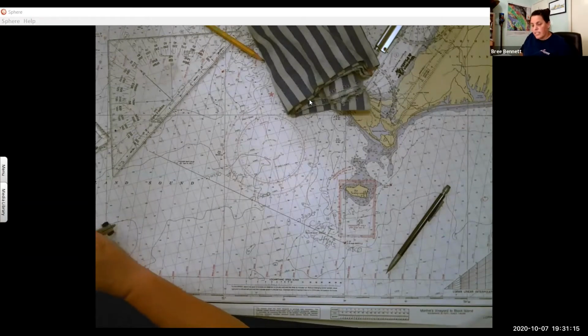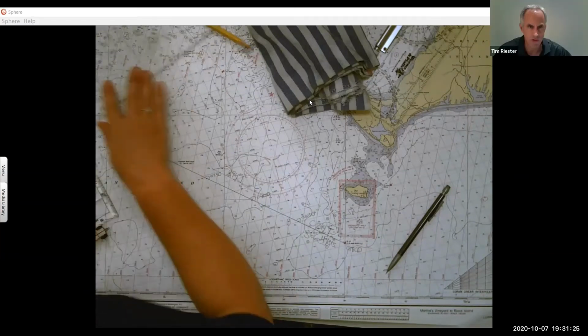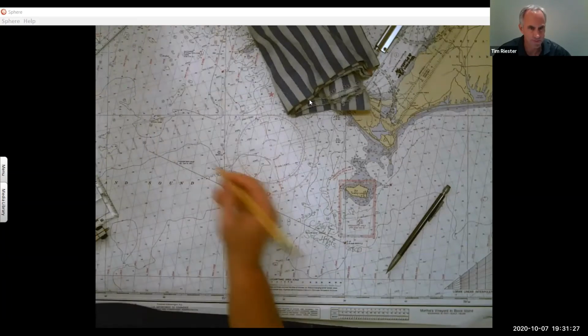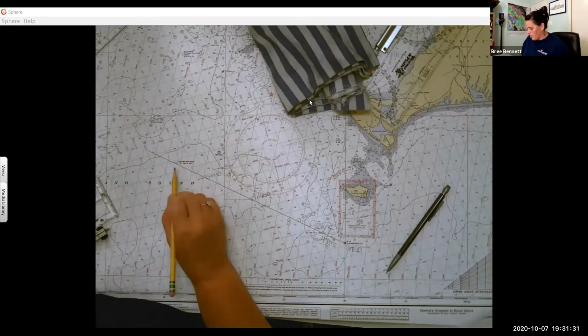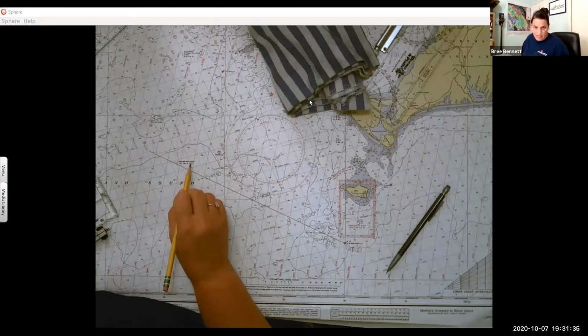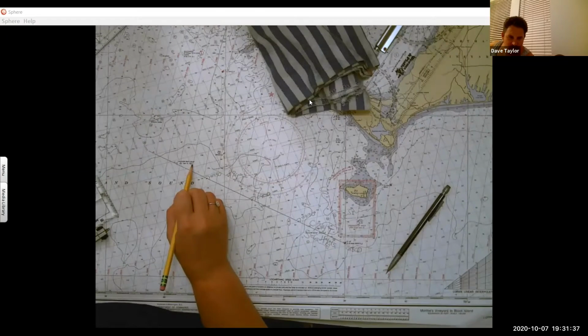Is there a potential problem if you stay on this course? There is this right here, this unexploded depth charge with an estimated date of September 14th, 1957. It's ready to blow.